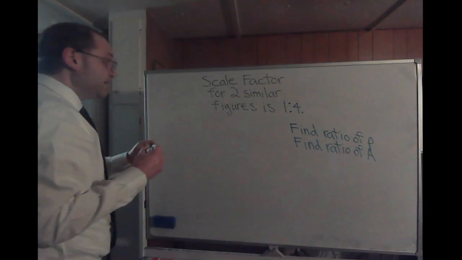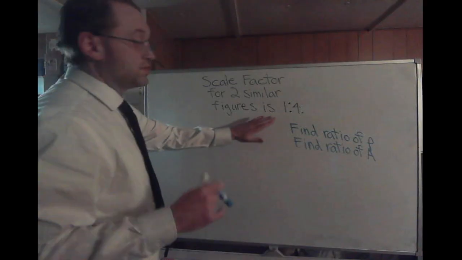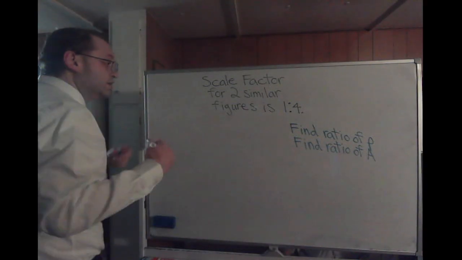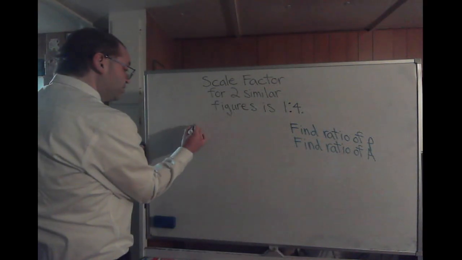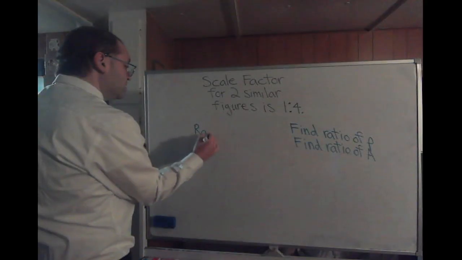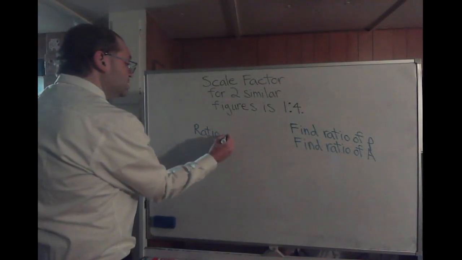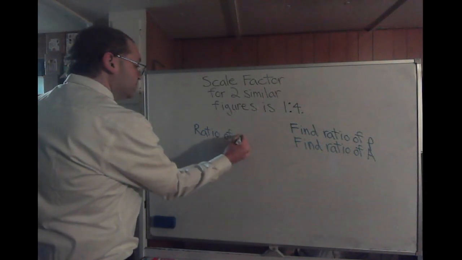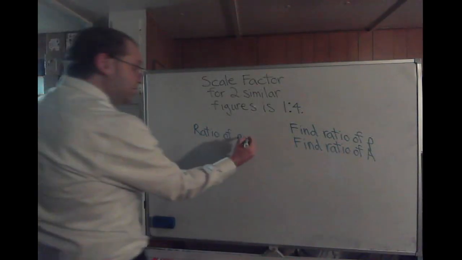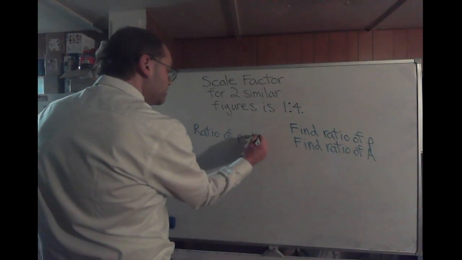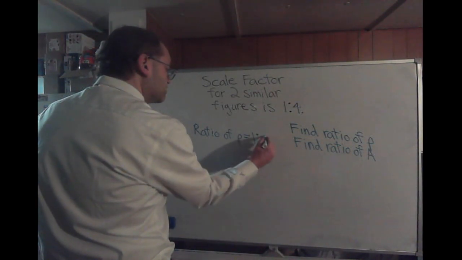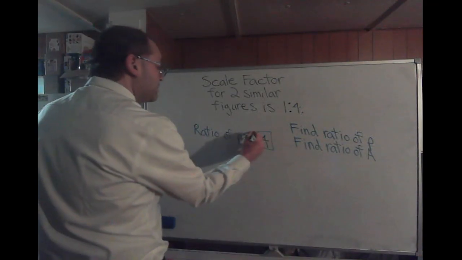So if the scale factor is 1 to 4 for the figures in general, the ratio of perimeters is also 1 to 4. I'm going to abbreviate it ratio of lowercase p, standing for perimeters. The ratio of the perimeters is also going to be 1 to 4.